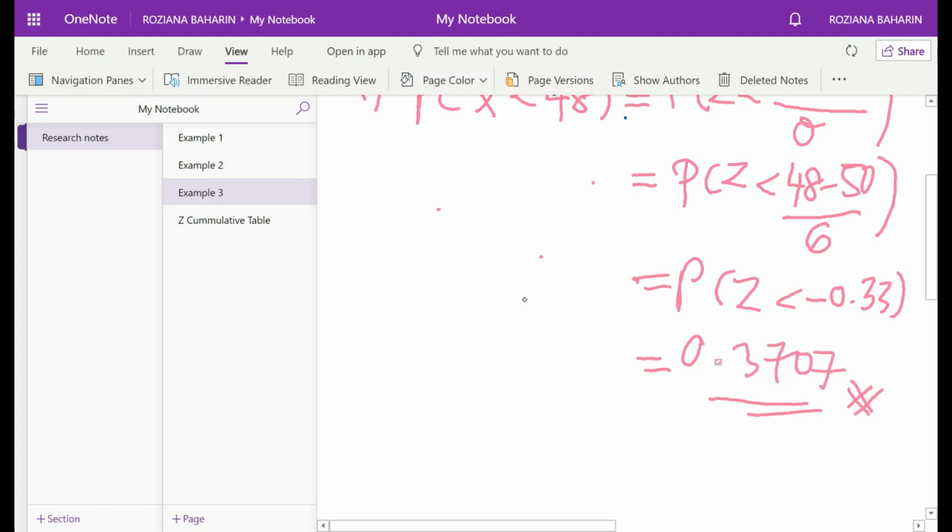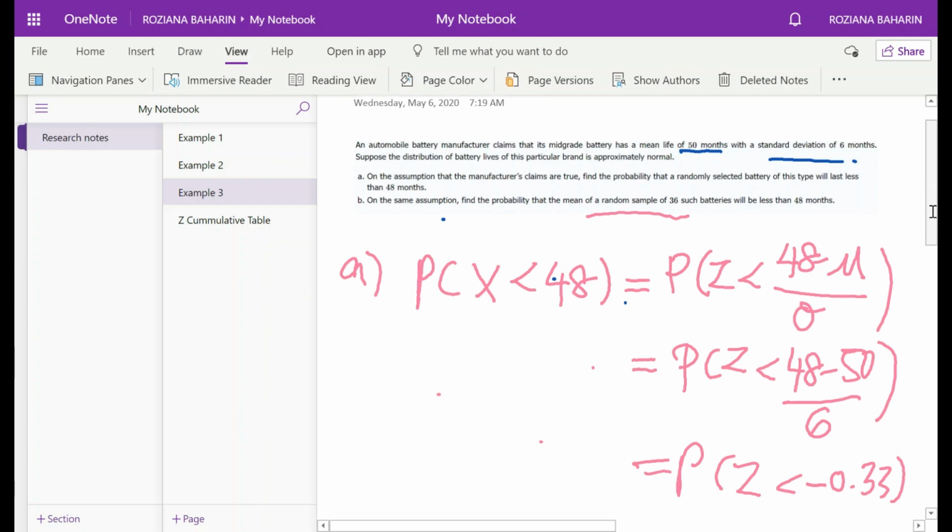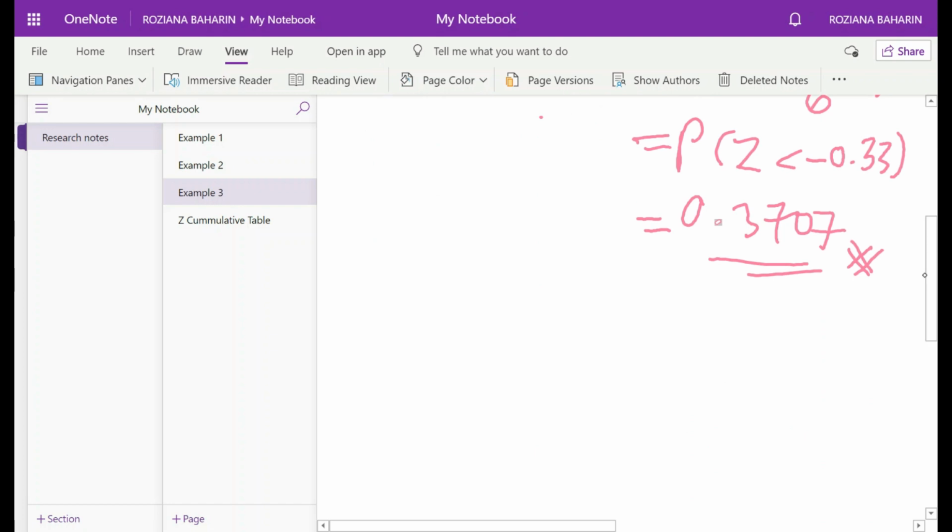Now the second one, B. On the same assumption, find the probability that the mean of a random sample of 36 such batteries will be less than 48 months. So now we are dealing with sample. So for B, you know that your sample mean is equal to the mean of your mean here, and it is equal to 50.